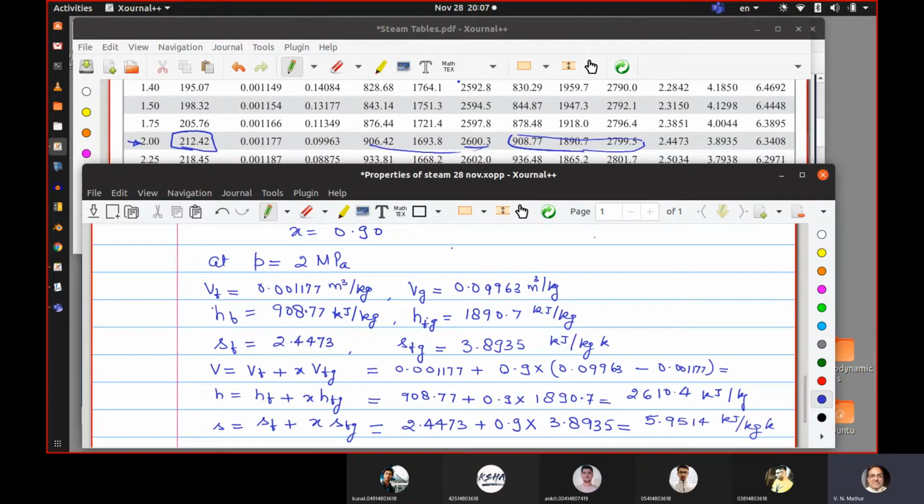So it comes out to be 0.8978. I'm writing it as 0.898 meter cube per kg.